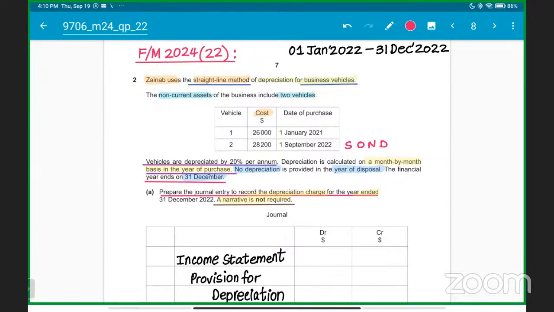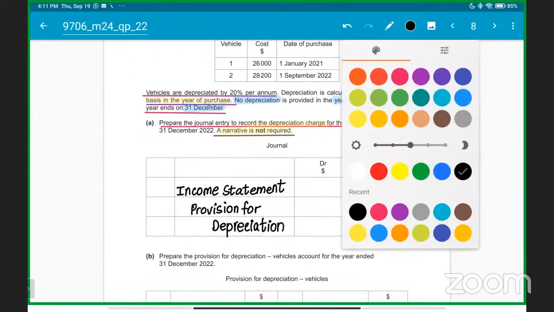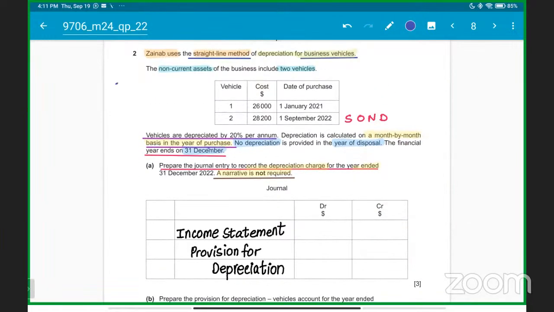So vehicle number 2 is charged depreciation only for 4 months. It will be 28,200 into 20% into 4/12. Everyone got it?